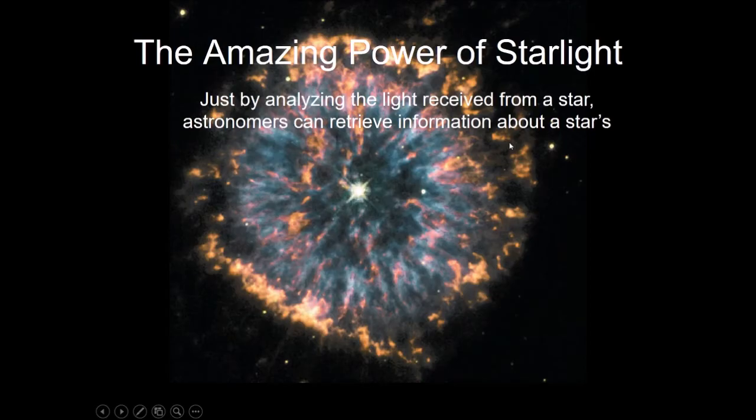Let's see what we got here. Ooh, look at this picture. Oh my goodness. This is great. Well, first let me talk to you a little bit about how great light from stars is. As limited as we are in astronomy in terms of how we can study things, the information given to us by stars and galaxies reveals quite a bit.